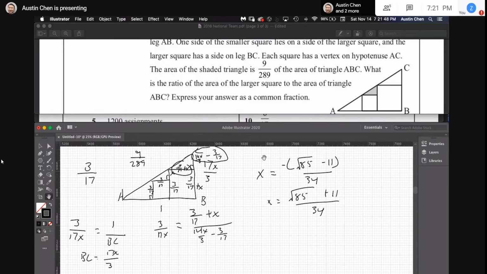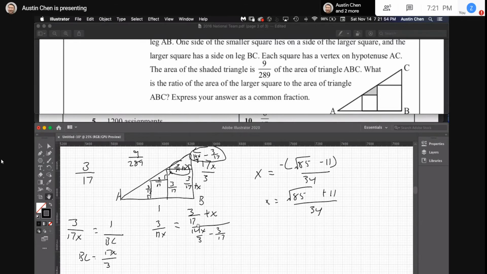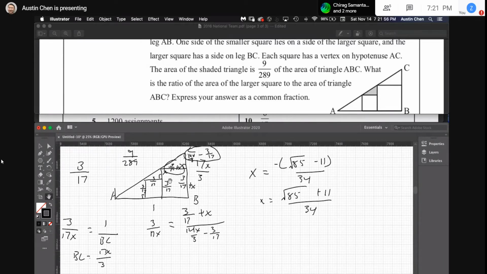So that's why we have two values of x, and we can use either of them to solve for our answer. So what is our answer going to be? It's our side length of the bigger square, which is 3/17 plus x, squared, over the area of the triangle, which is just 1/2 times 1 times 17x over 3.